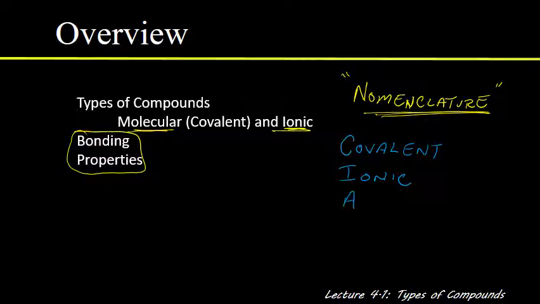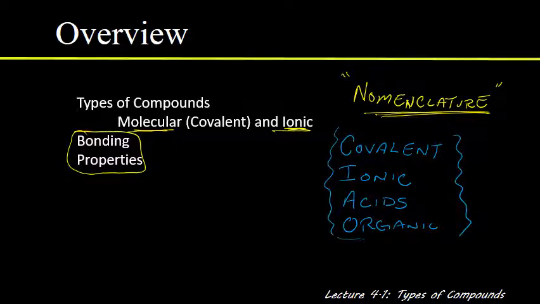We're also going to be looking ultimately at acids and organic compounds. So be thinking about this as we go through. A big part of this is understanding different kinds of compounds, how they are put together, and how they behave.